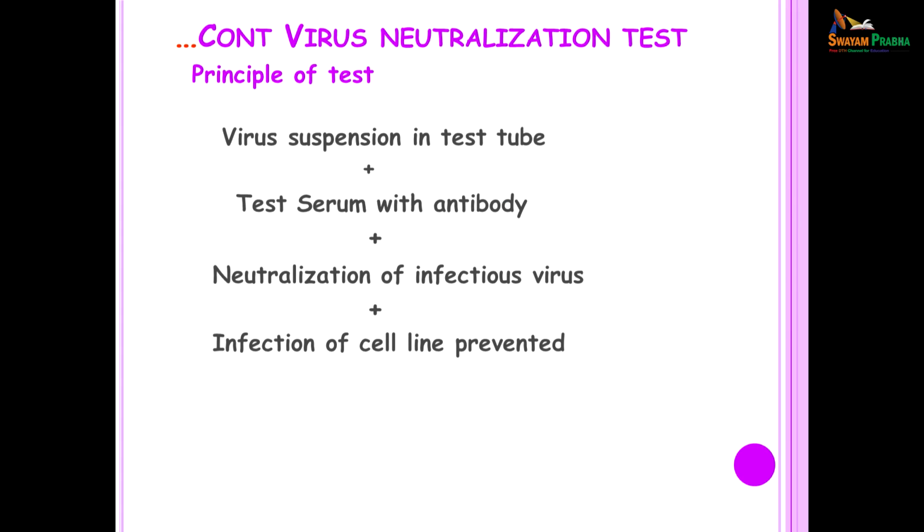Neutralization tests are used mainly when we are trying to detect the presence of a virus, like say poliovirus in a stool sample, or we are trying to detect the presence of antibodies to a virus. Let us just take the example of polio.